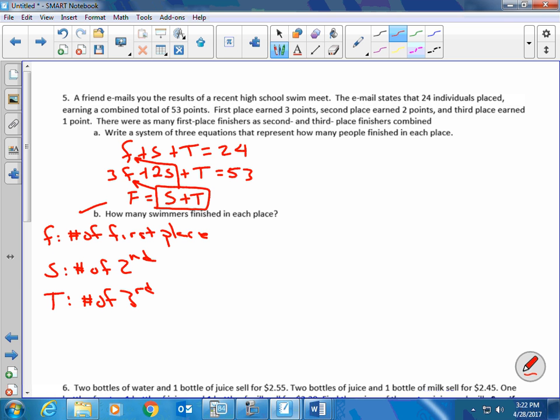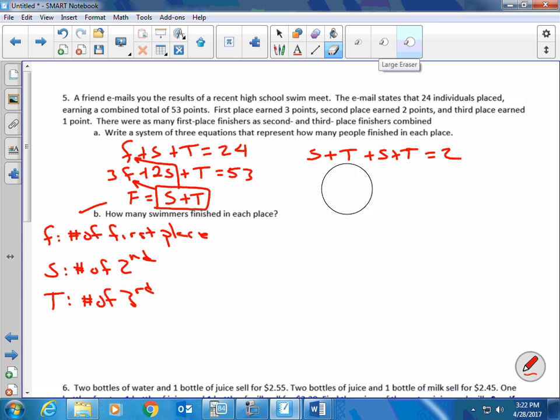By plugging in S plus T into F, the F goes away, and I now have eliminated the F in the first equation. This was F. I took out the F, I put in S plus T in its place. And it looks strange having S plus T plus S plus T. But remember, this is now the S plus T.